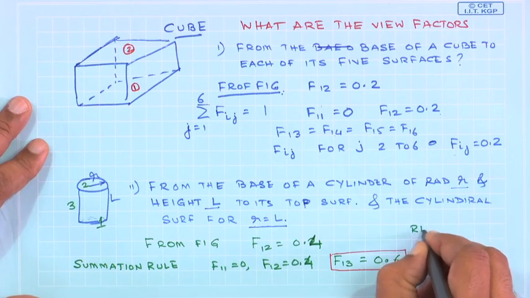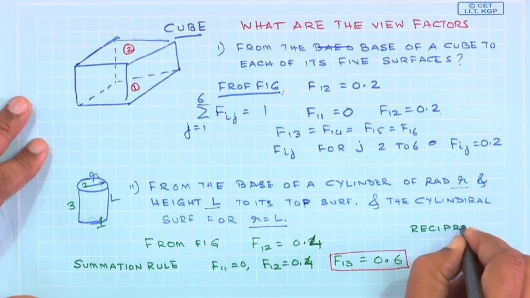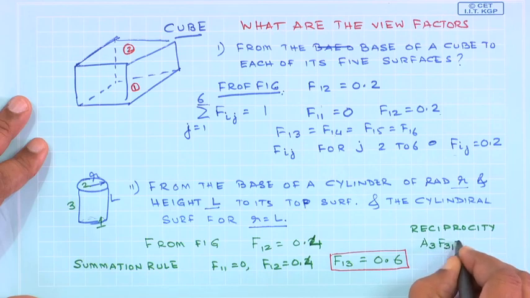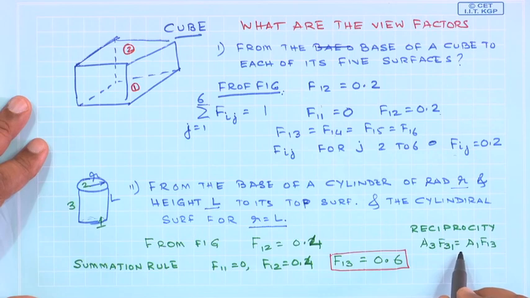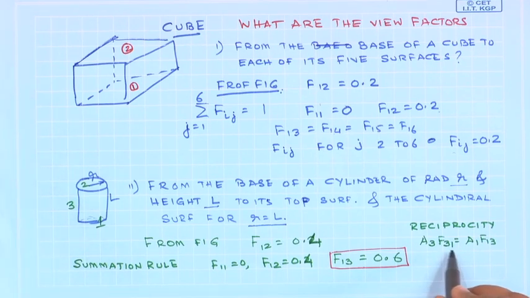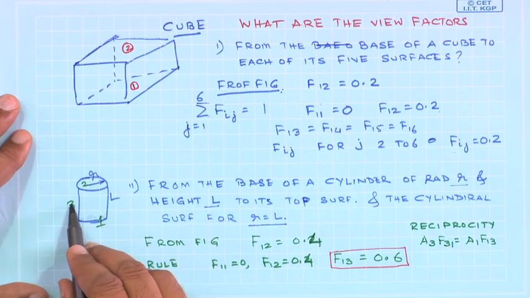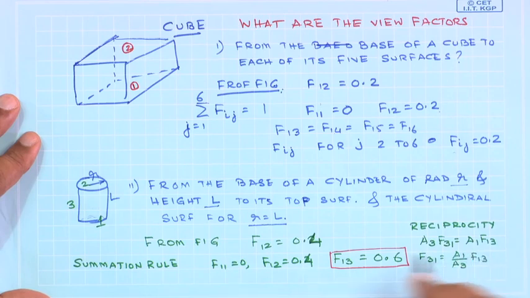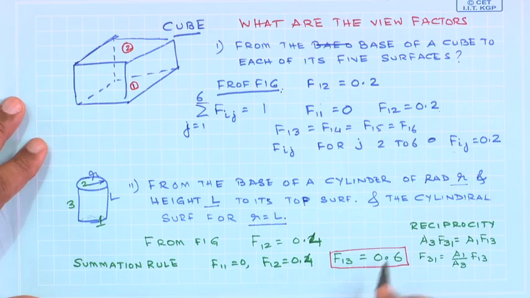When you use the reciprocity relation, then A3 F31 should be equal to A1 F13. So, we need to find out what is the view factor from 3 to 1. So, F31 is A1 by A3 times F13. We know the value of F13.